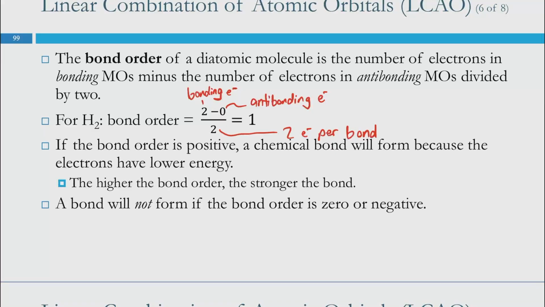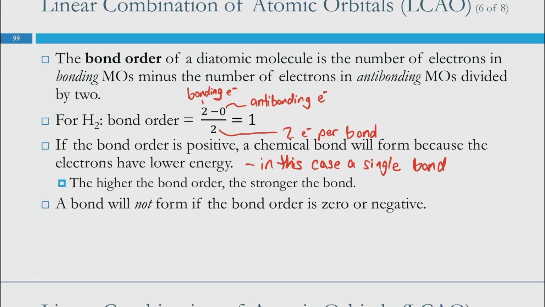Whenever we have a positive bond order, we will form a bond. In this case, we've got a bond order of 1 that corresponds to basically a single bond.